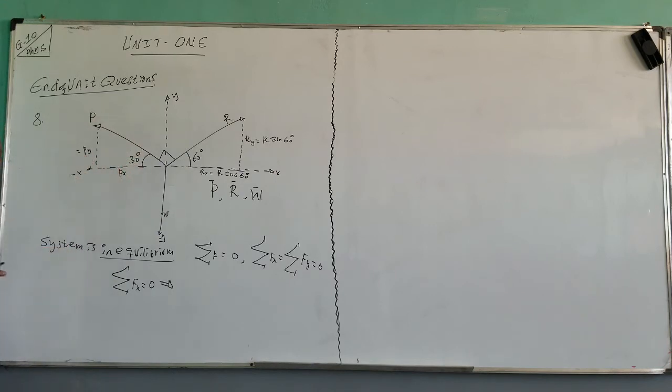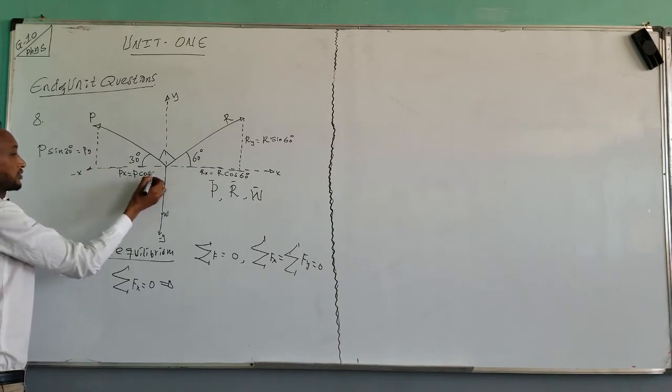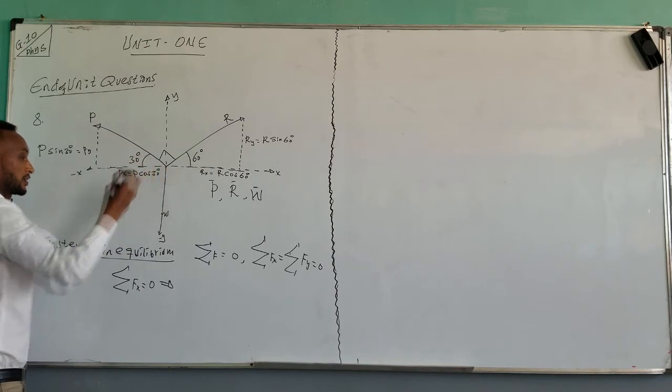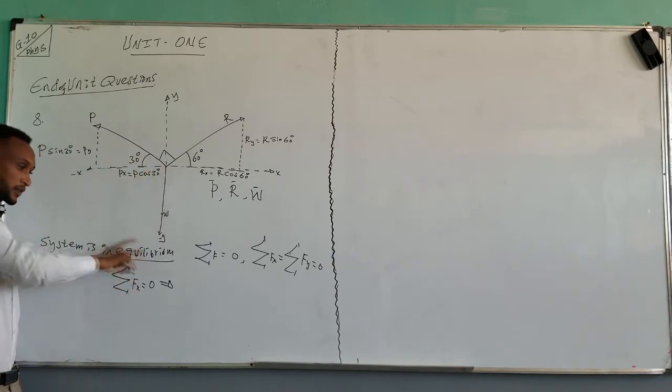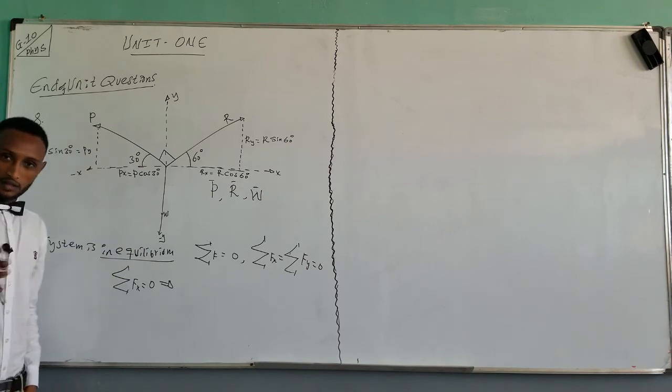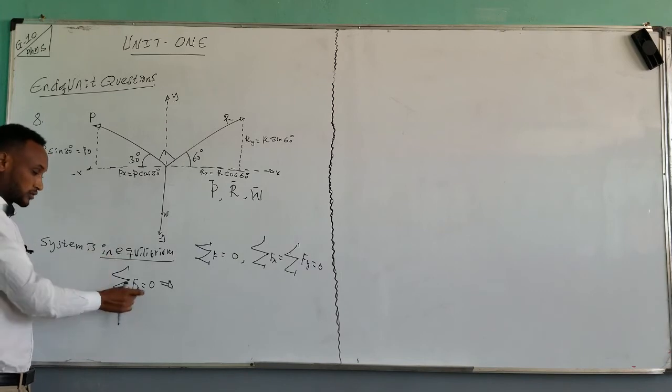Its vertical component is P times sine of 30 degrees, and its horizontal component is P times cosine of 30 degrees. Let's take the system is in equilibrium. That means that the summation of net force acting in all components must be zero.